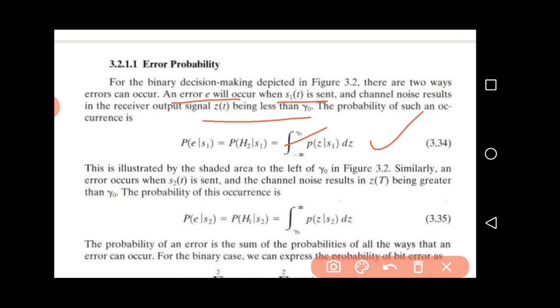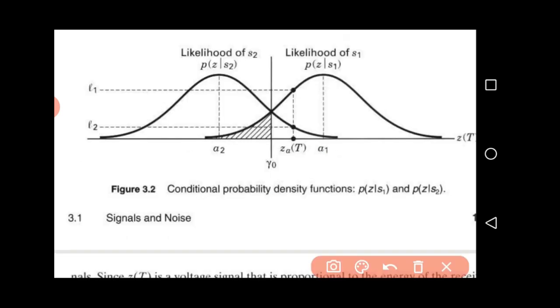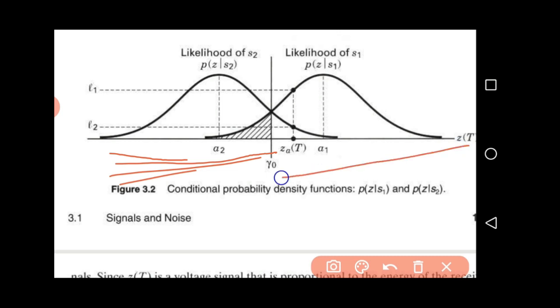It is illustrated by the shaded area to the left of gamma 0 in the figure. That is, we are talking about this region. And for the other case, integration will be from gamma 0 to plus infinity.